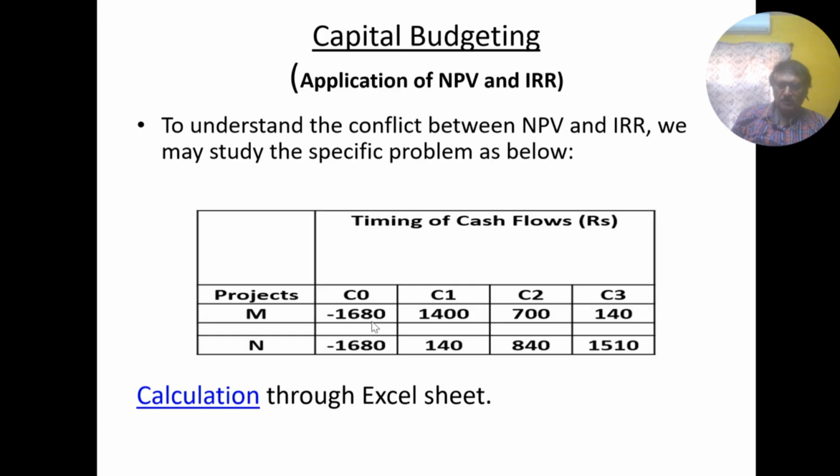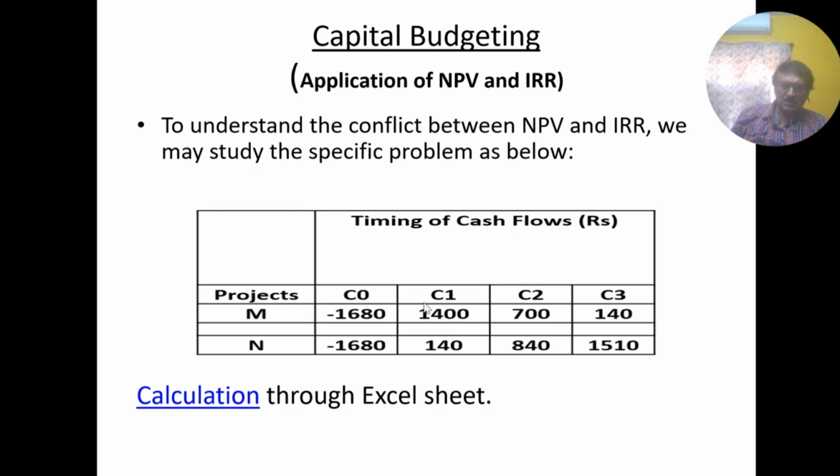That means the investment for both the projects is the same, but for N, the cash inflows year wise are presented here. After first year, the cash inflow is 140, second year this, and after third year the cash inflow is 1510. You just inspect the data, then you will see the cash inflows are reversed in magnitude.